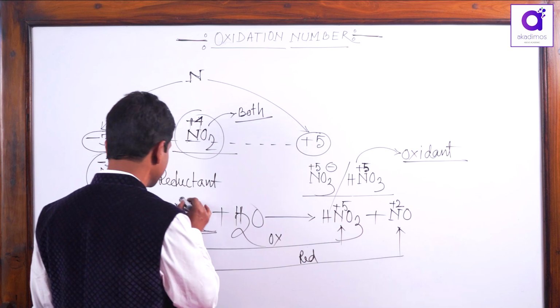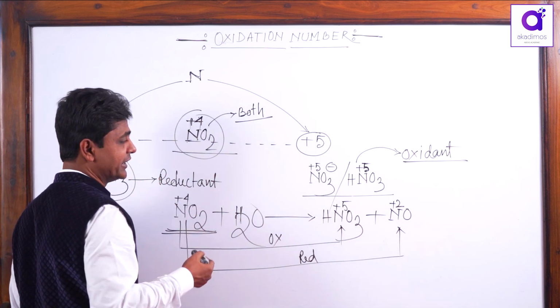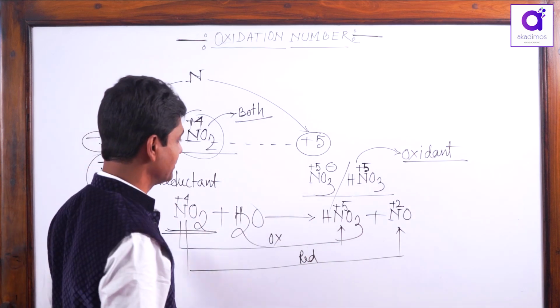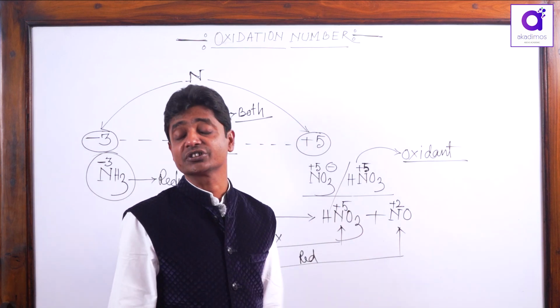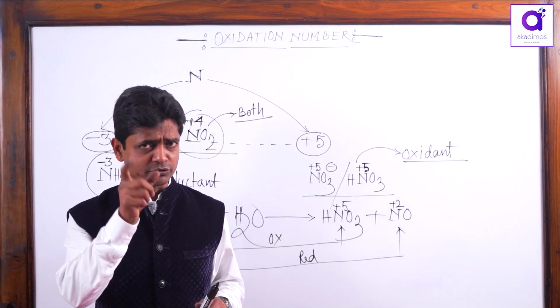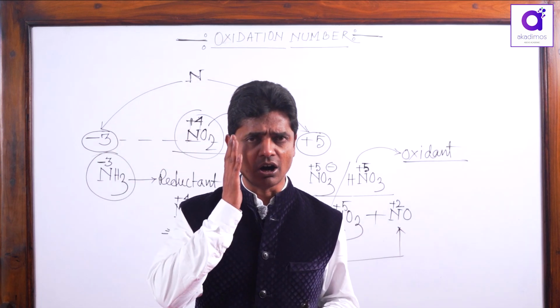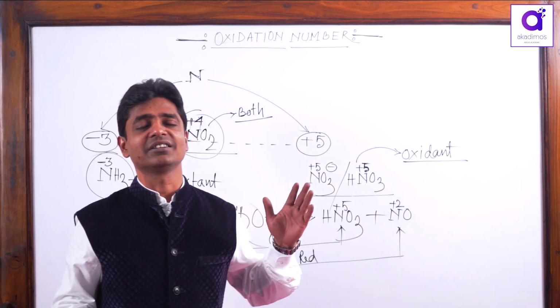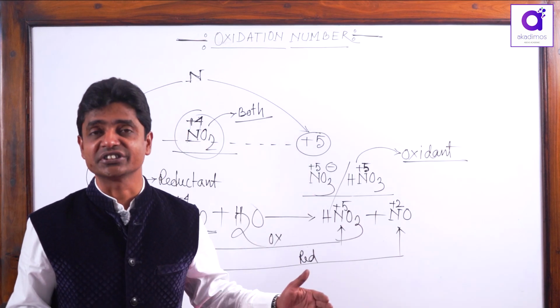That means due to the intermediate oxidation state, it will undergo a disproportionation reaction. Parallelly oxidizes and reduces. That means from the oxidation number, you will get an idea whether the molecule acts as only a reducing agent, or both, or only an oxidizing agent.